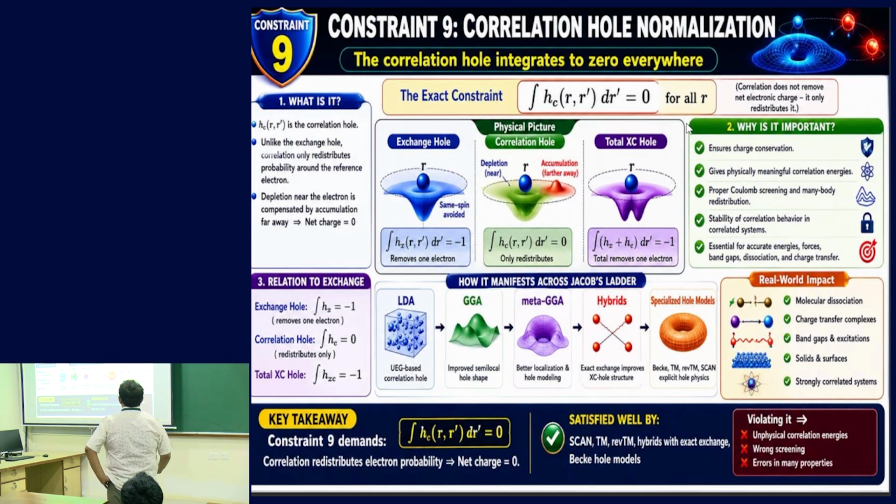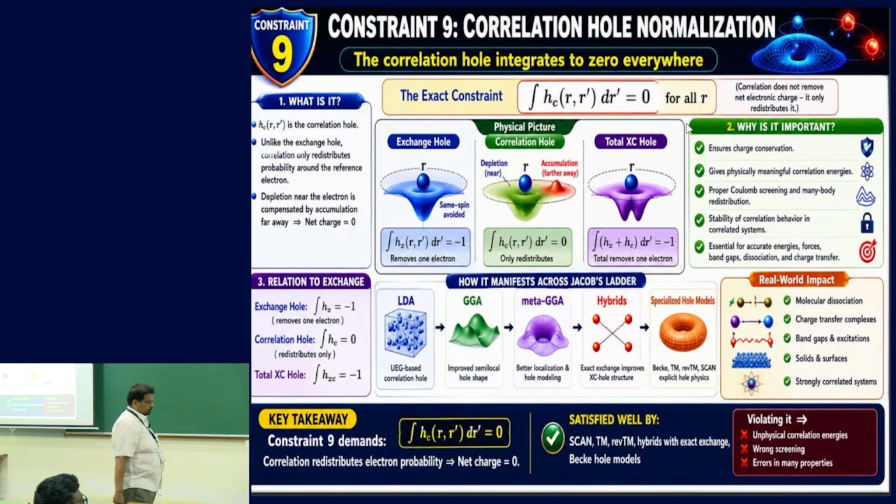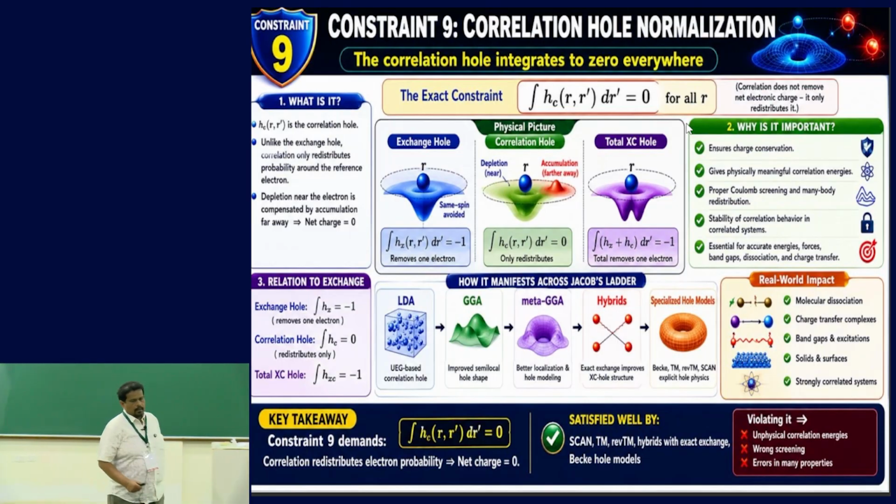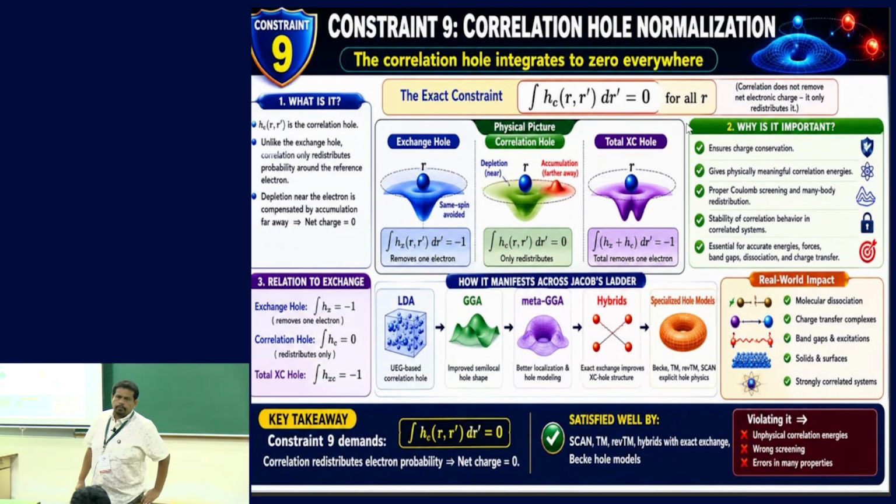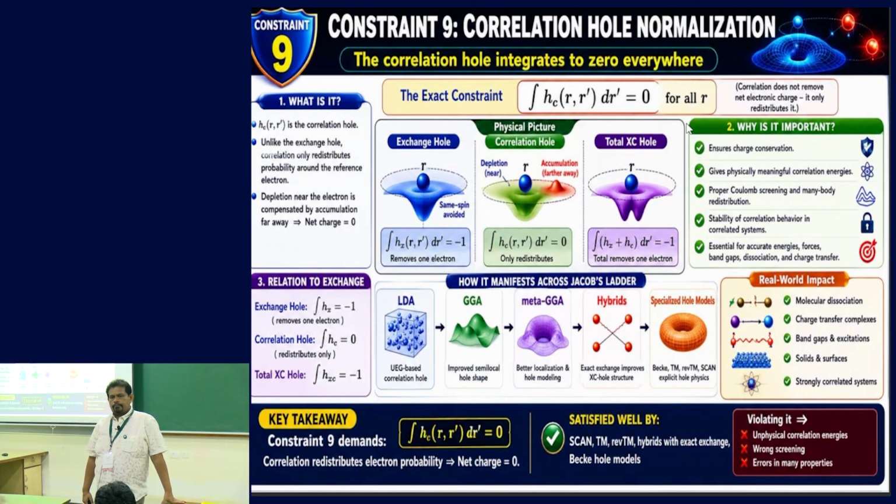Because if you can come up with a good exchange correlation hole, like your Coulomb interaction or Hartree thing, you can write down this rho xc. And if you take properly into account all these things, most of the problems will be solved.